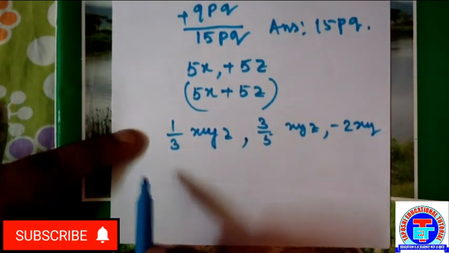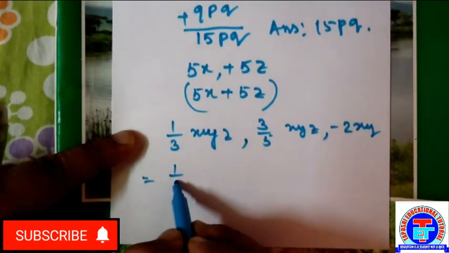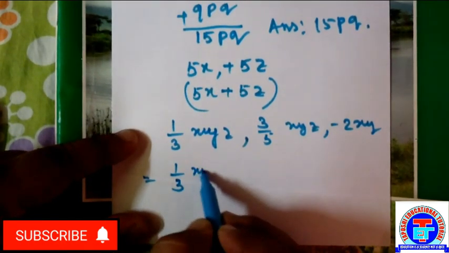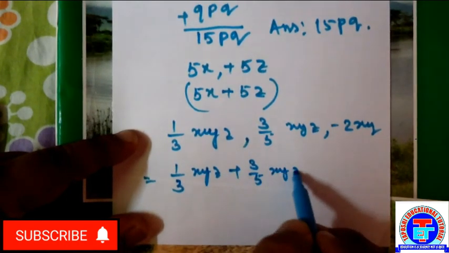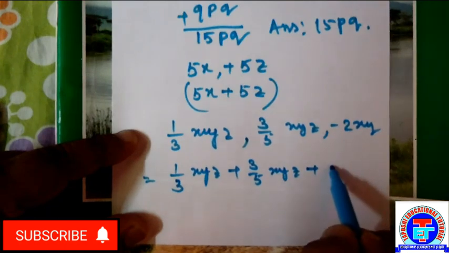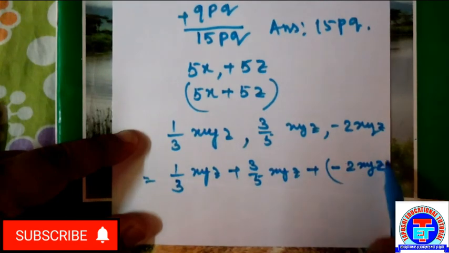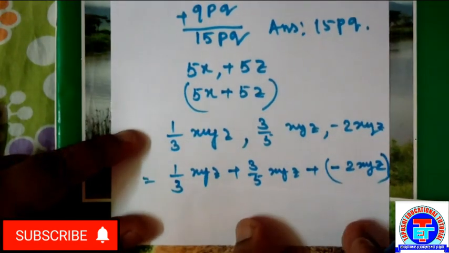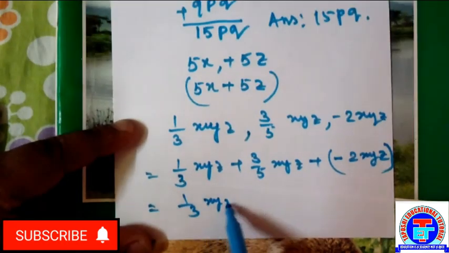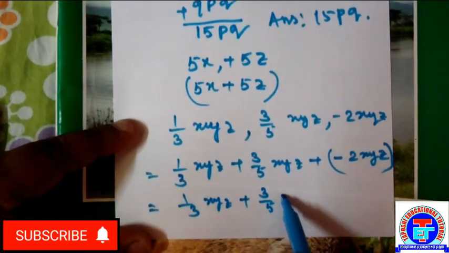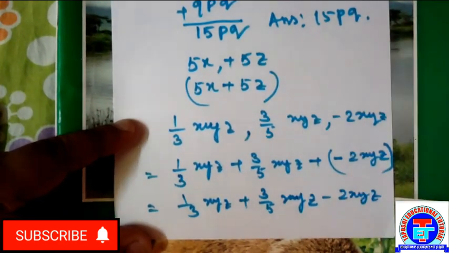We write it as 1 by 3 xyz plus 3 by 5 xyz plus minus 2 xyz.